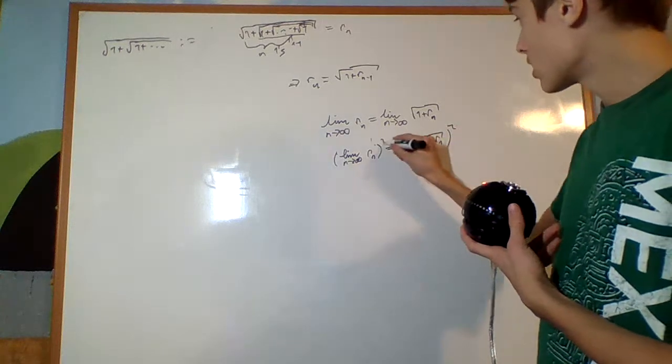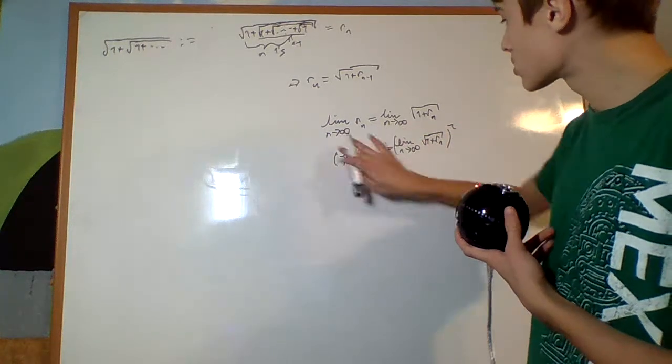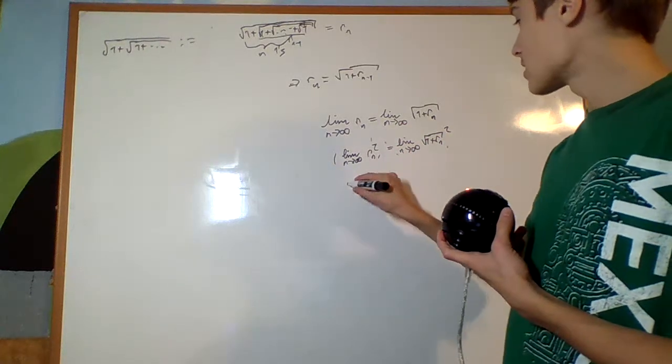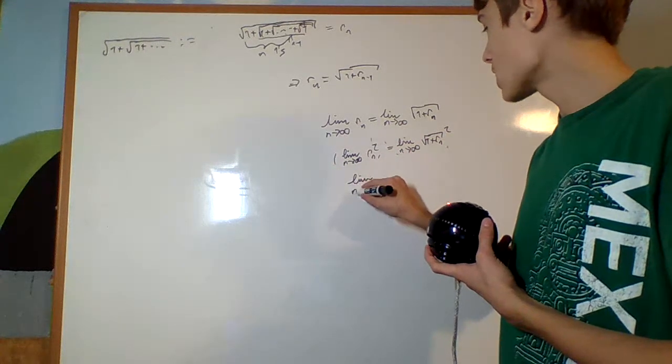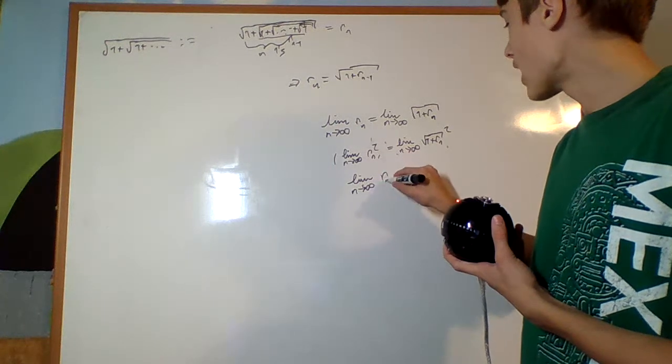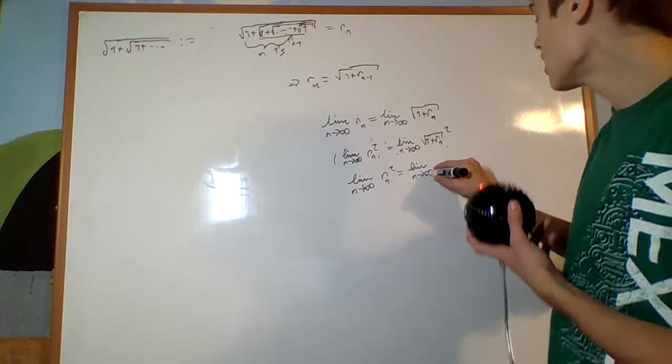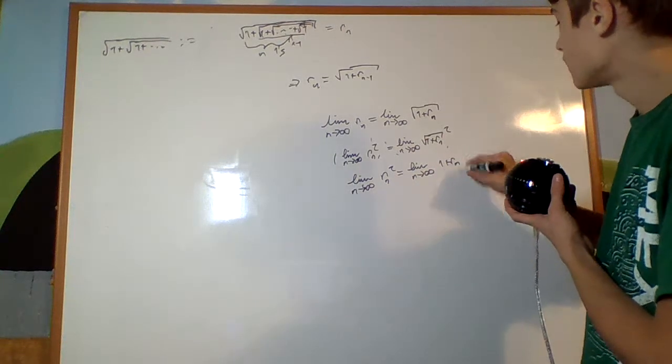But because these are continuous functions, I can move those squares inside, and then I get that the limit as n goes to infinity of Rn squared equals the limit as n goes to infinity of 1 plus Rn, correct?